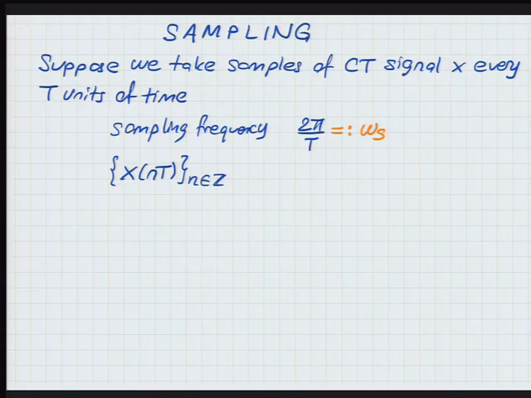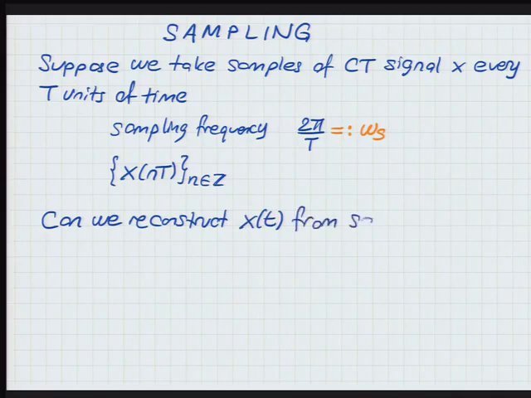So you have those, and you don't know where x came from. So the question in sampling is, can we reconstruct x of t, the continuous time signal that gave us these samples in the first place, from the samples, which is what I just wrote, x of nT, n being integers, by an appropriate interpolation?